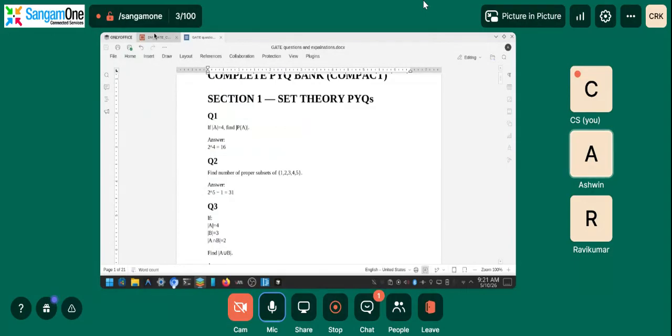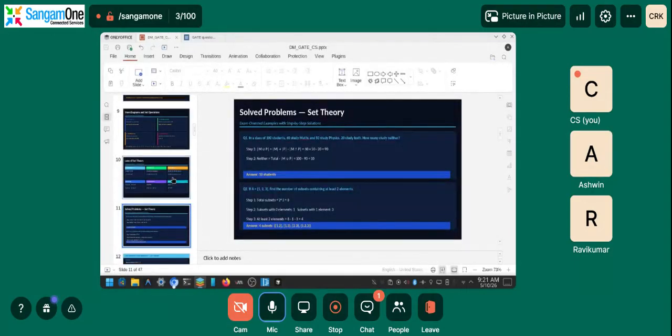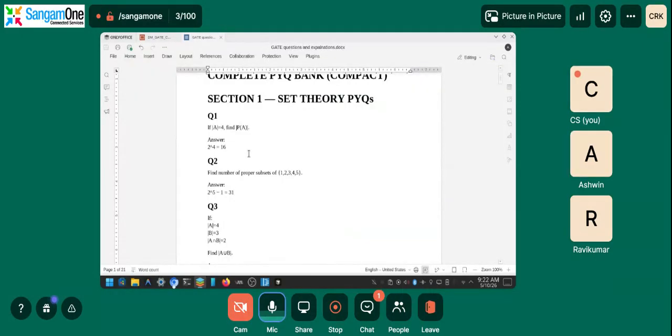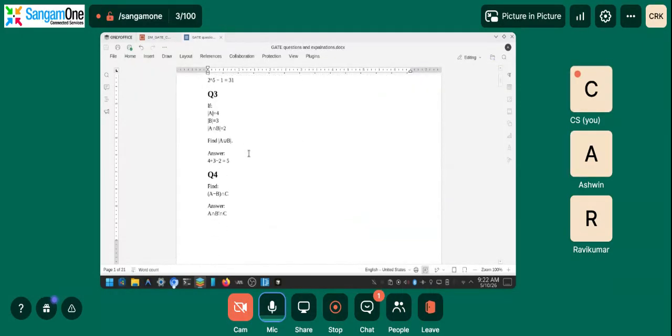As you can see in the question, the first question is: let A, B, C be sets. What is A minus B intersection of C? Here you have all of the above as an option.